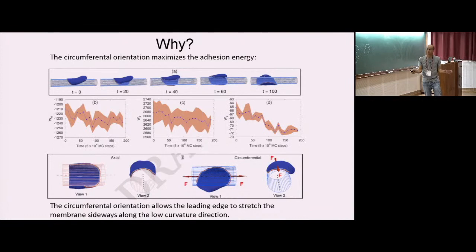So that's why we think this is much more effective in spreading the shape sideways as opposed to in this direction along a cylinder. So you are able to slightly stretch this whole object more in this configuration, and stretching it and increasing the contact area is identical to increasing the adhesion energy. And you do that without costing bending energy, so you're also slightly improving your bending energy. So that's our understanding of what goes on here.